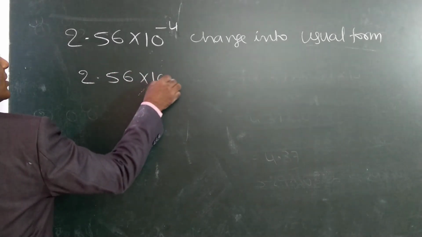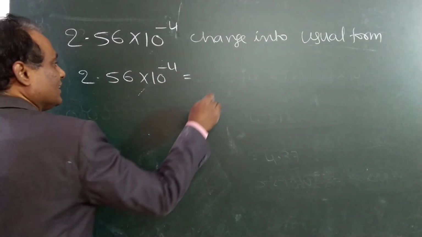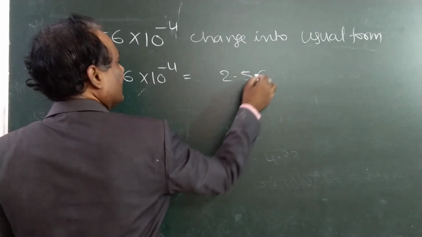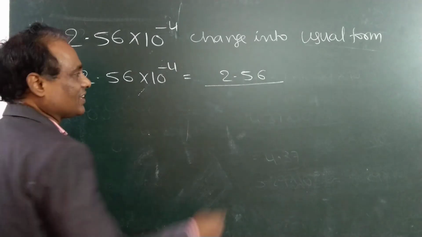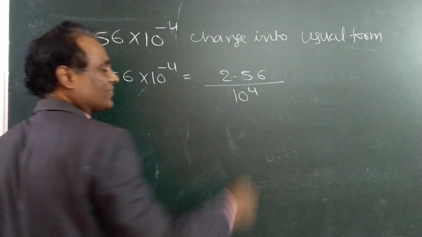2.56 into 10 to the power of minus 4. 10 to the power of minus 4. I will write minus means first I will write in the denominator, it becomes plus.